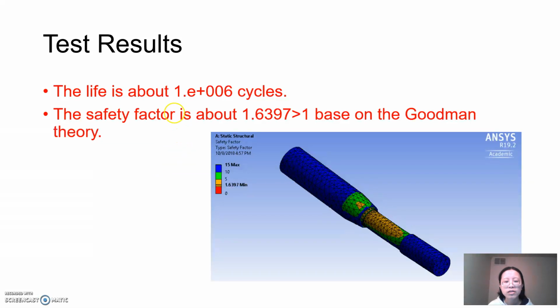The safety factor calculated by ANSYS is about 1.6, which is more than 1 based on the Goodman theory. If the required safety factor is 1, this structure would be safe.